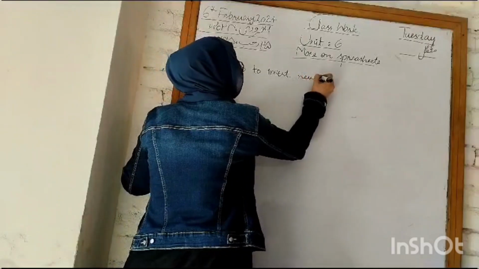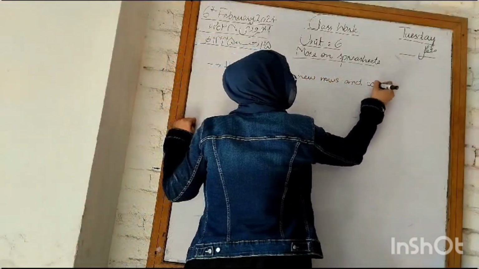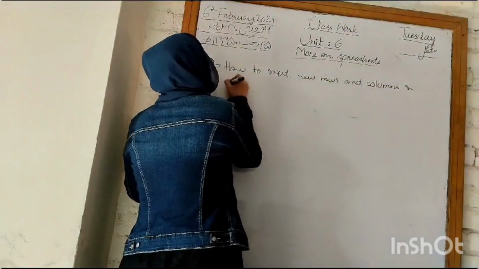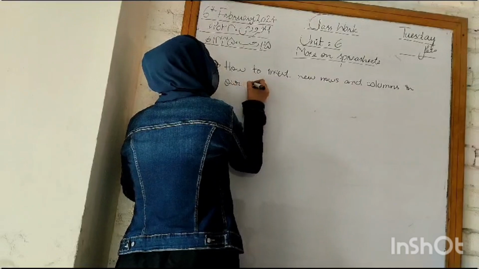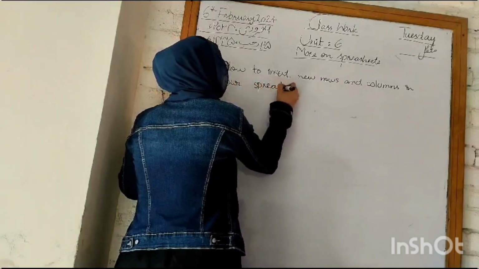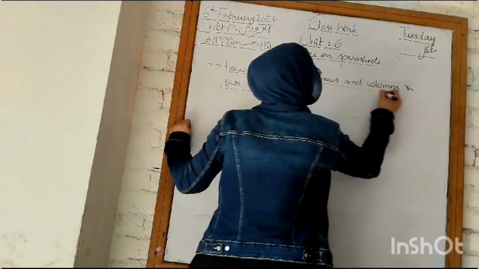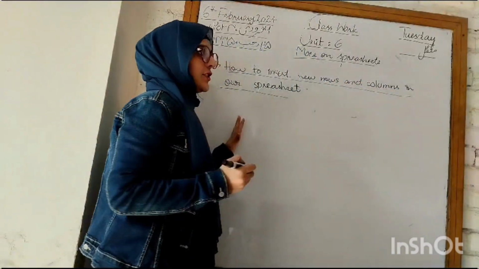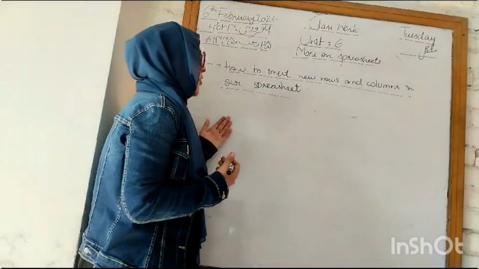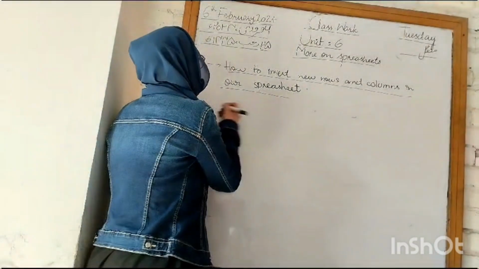New rows and columns in our sheet or spreadsheet. How to insert new rows and columns in our spreadsheet? For example, if we are working on some cells, we want to add rows and columns at this spot.